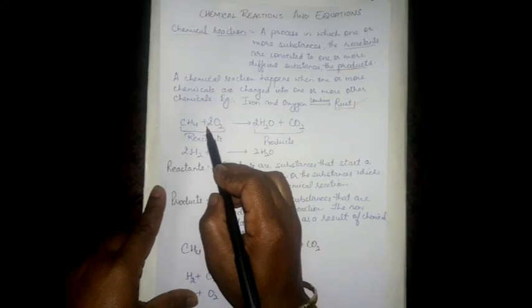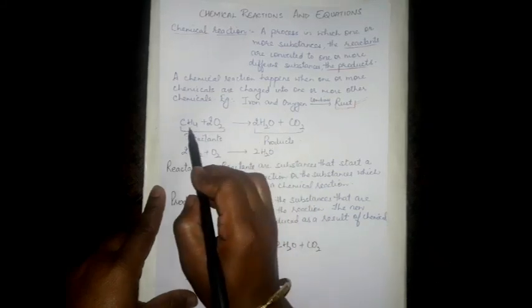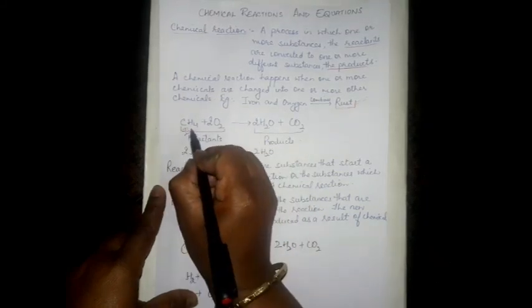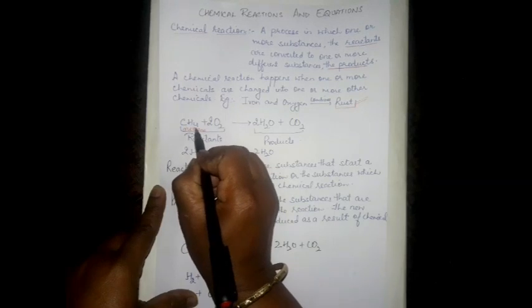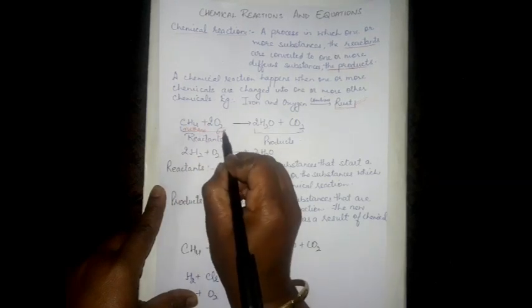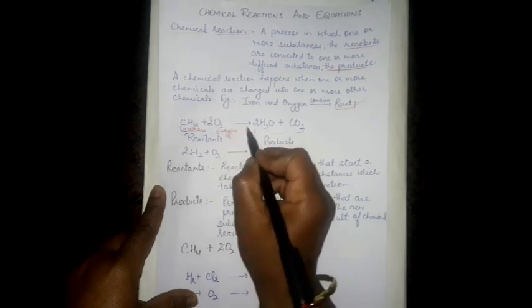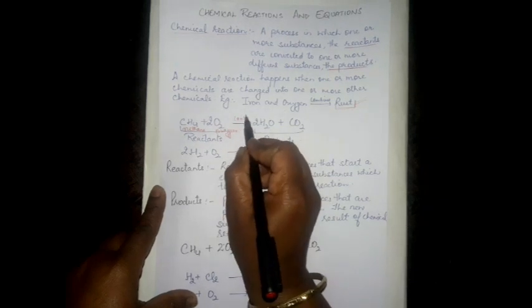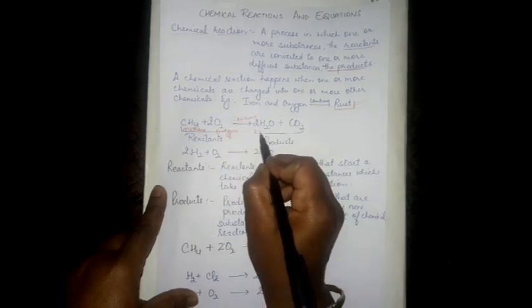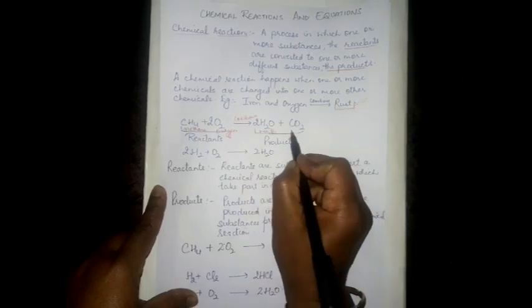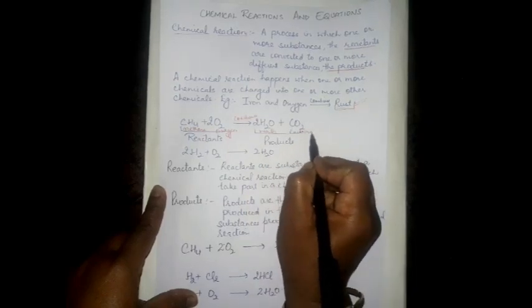Understood? Now one more example I will tell you. CH4, that is methane. When methane reacts with oxygen, it combines to form water and carbon dioxide. Understood?